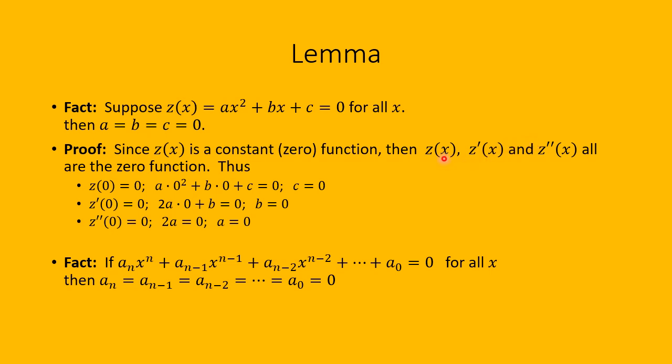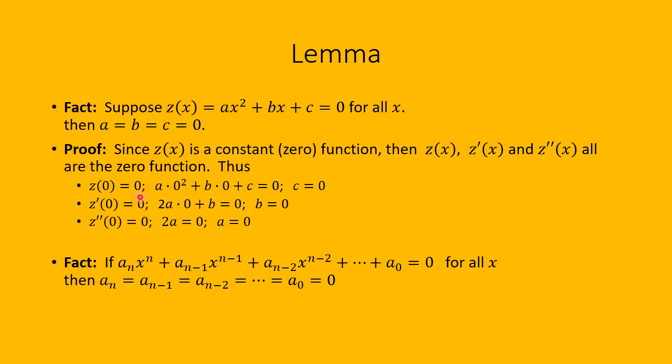So in other words, z of x equals 0 for all x, z prime of x equals 0 for all x, z double prime of x equals 0 for all x. So let's look at z of 0. We know that has to be 0, but using this formula for z of x, we get a times 0 squared plus b times 0 plus c equals 0, and that tells us that c equals 0.